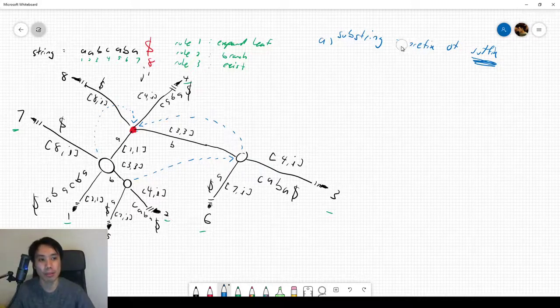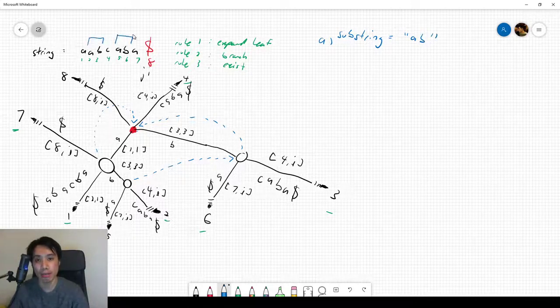Let's say my substring is AB. I can see a substring here which is AB and another substring here which is AB. If I begin from my root and traverse A, B, and a path exists in my tree, it means I've already found my substring.